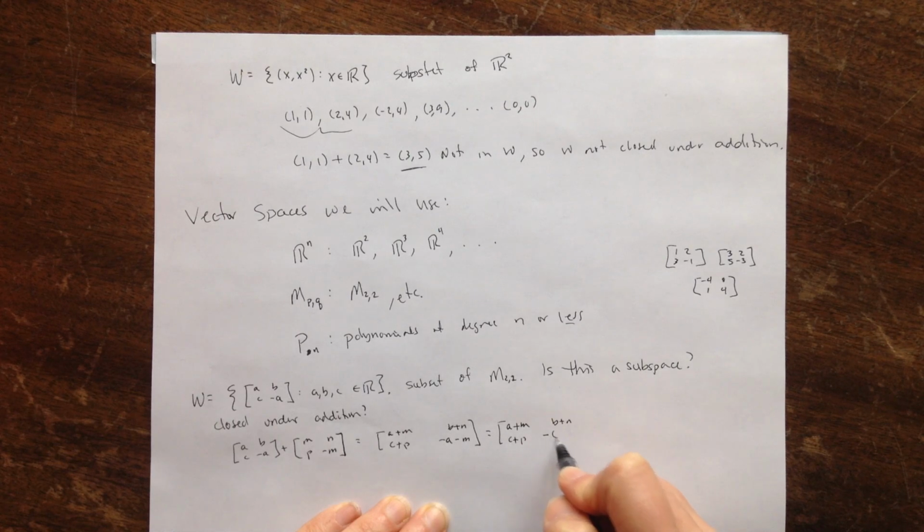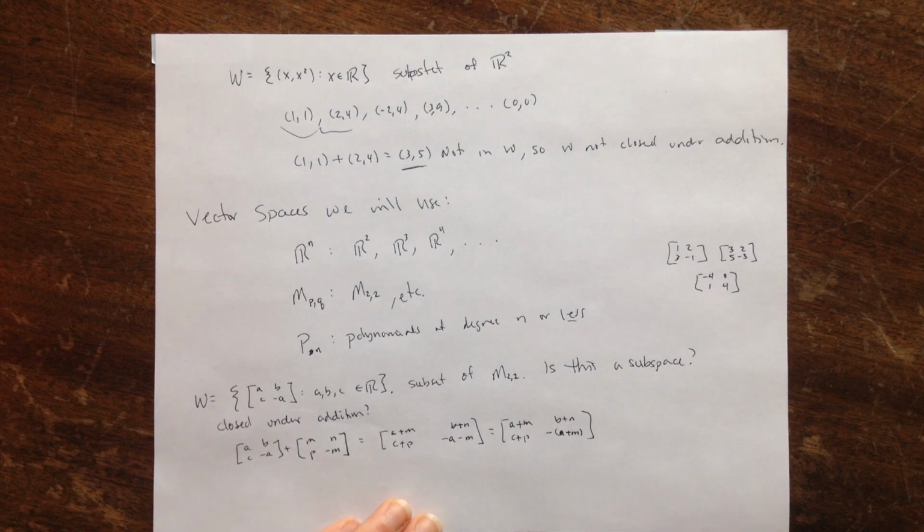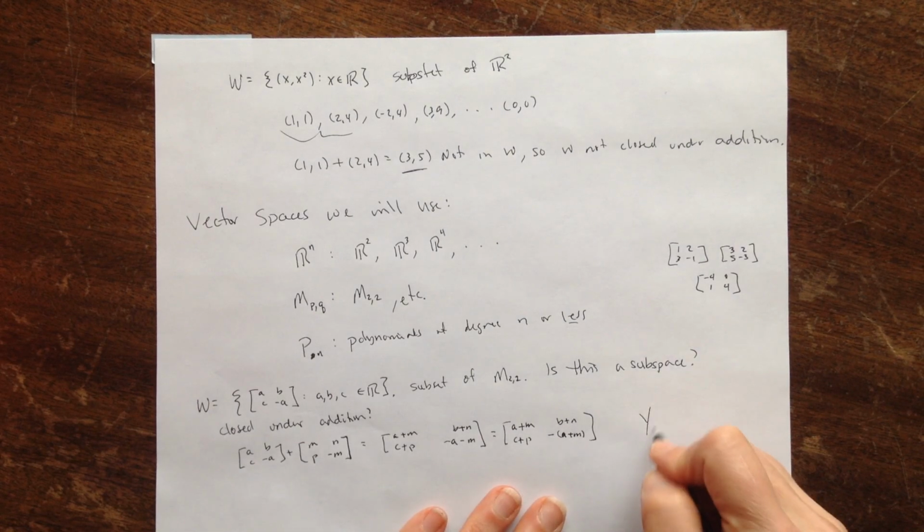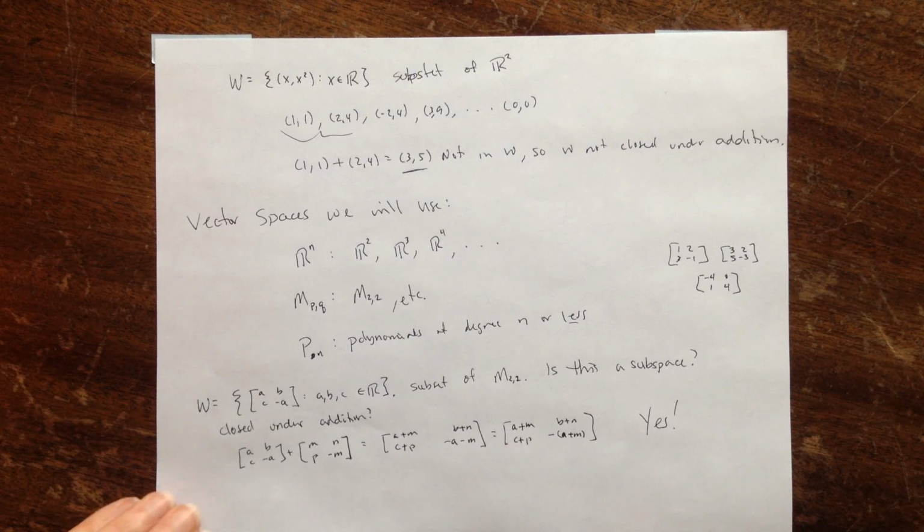This negative 1 can factor out, and you'd have a plus m in there. So when I take two things that look like they have to look in order to be in this set W and add them together, I get something that looks like it's in this set W. I have a real number here, another real number here, another real number here, and the real number here is the negative of the real number there. So it is closed under addition.